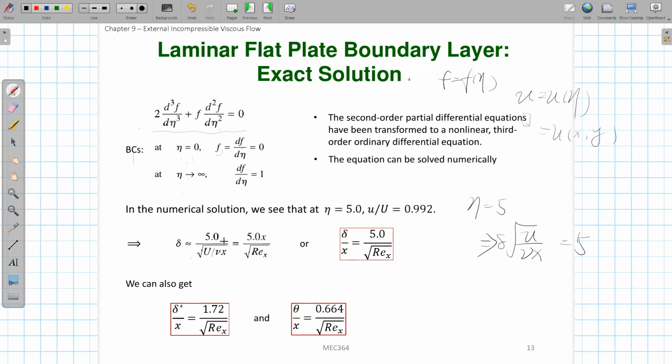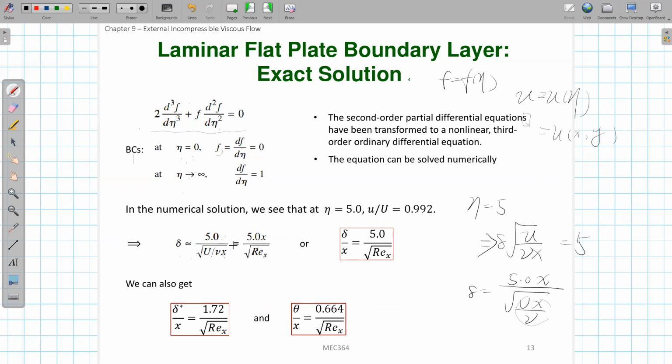If you multiply x on both the top and bottom, you can rewrite this: delta will be 5.0 x over the square root of u times x divided by mu. And this is the Reynolds number. So on the bottom will be the square root of the local Reynolds number, and on the top 5.0 x.